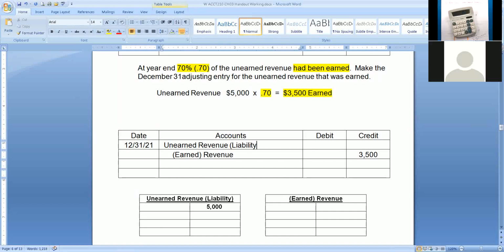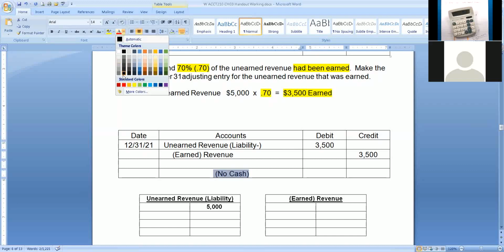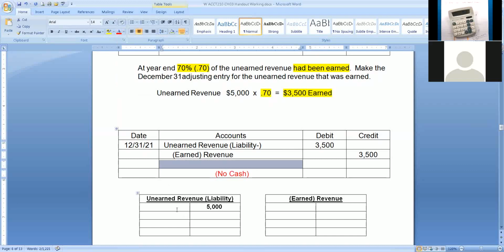Now going down by 3,500. Again, I'm going to say it again, no cash. Okay, so unearned revenue is 3,500, debit. So this means that we still owe 1,500.